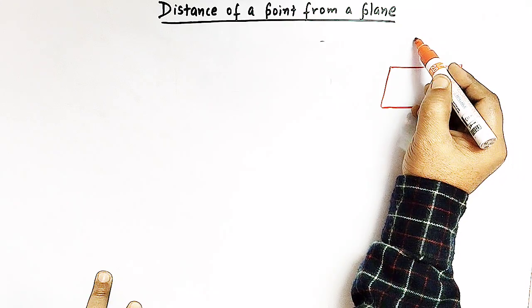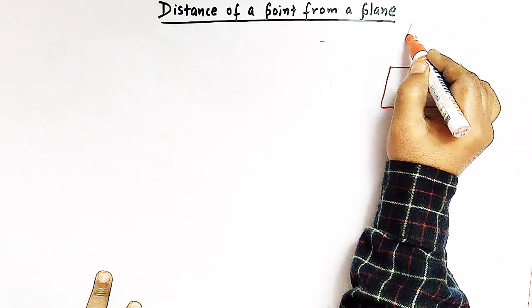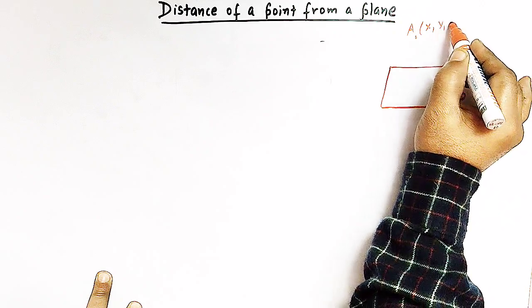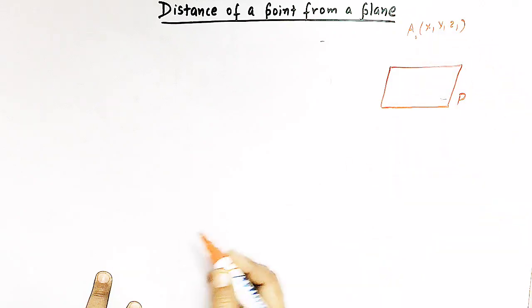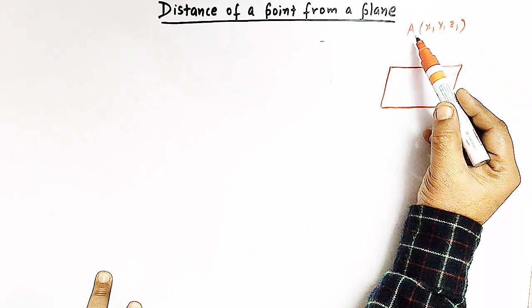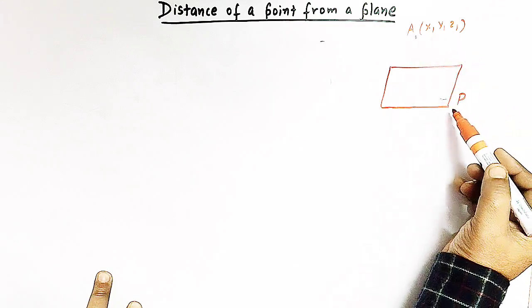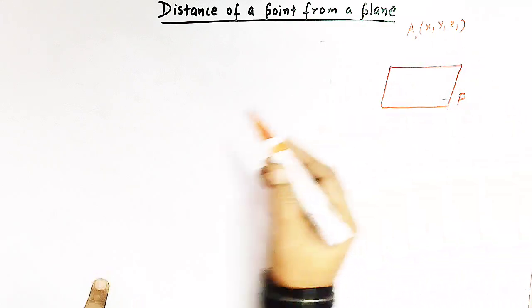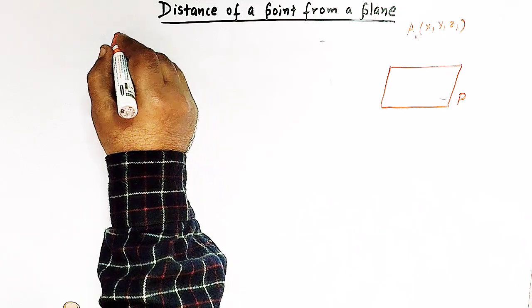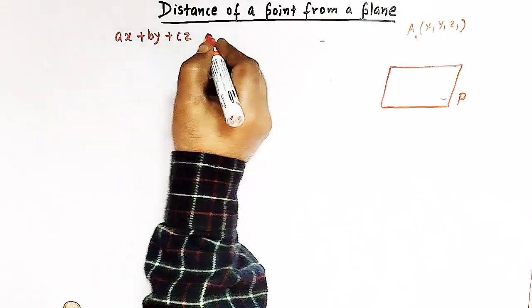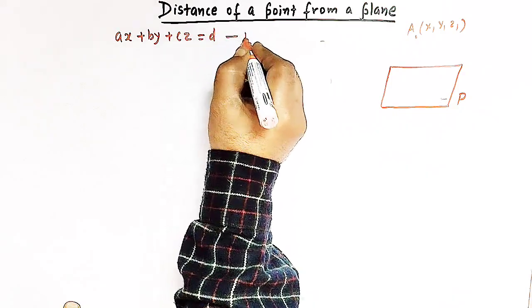And suppose we have a point, say A, whose coordinates are x1, y1 and z1, and here we wish to find out the perpendicular distance of this point A from this plane P, whose equation is given as ax plus by plus cz is equal to d, right?